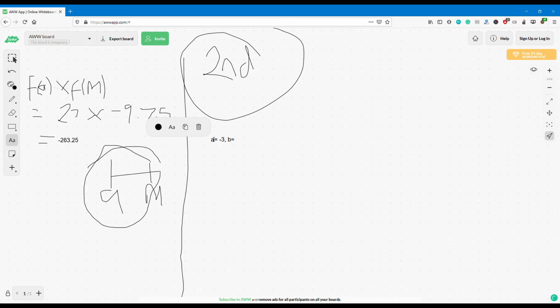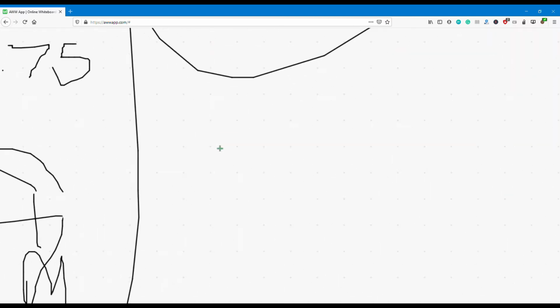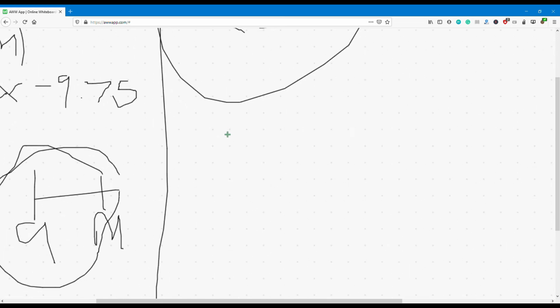What was m? Let me find out again. M was minus 1.5, right? Yes. So a is equal to minus 3 and b is equal to minus 1.5.